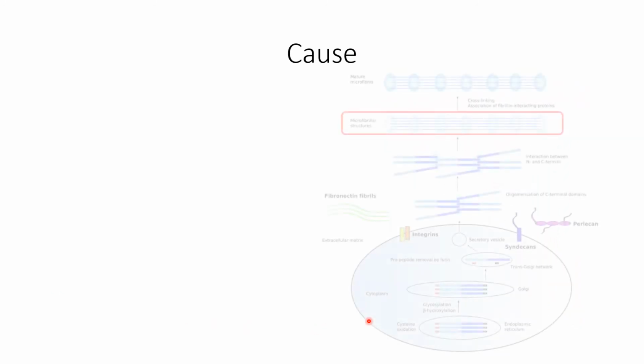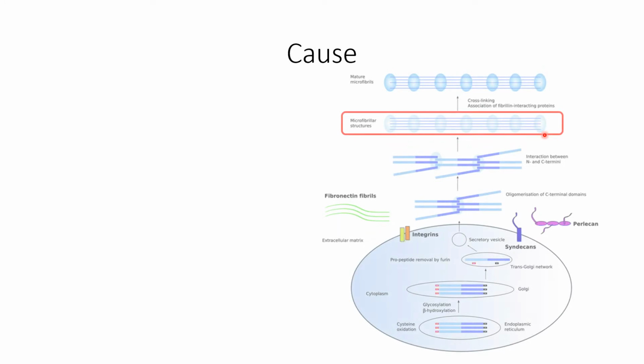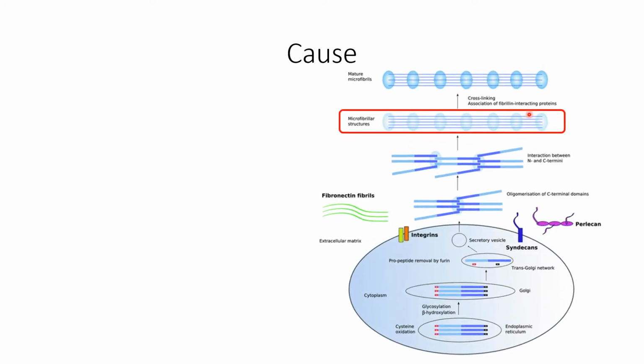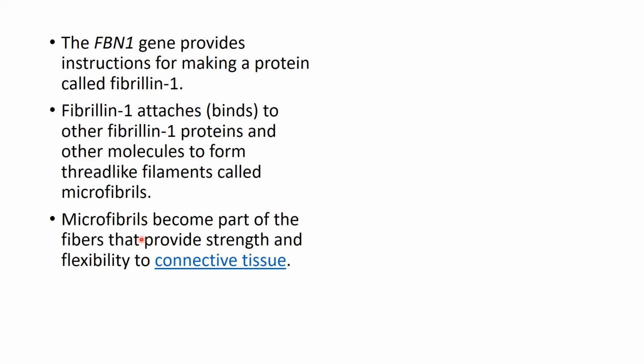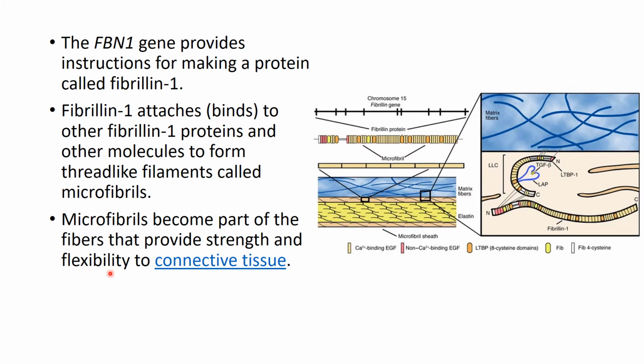So it is an autosomal dominant disease where the fibrillin 1 has a defect in structure and function. So the flexibility of the connective tissue will be hampered due to a defect in cysteine in the fibrillin structure.